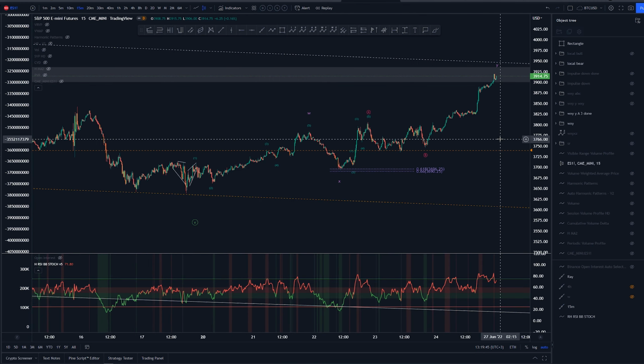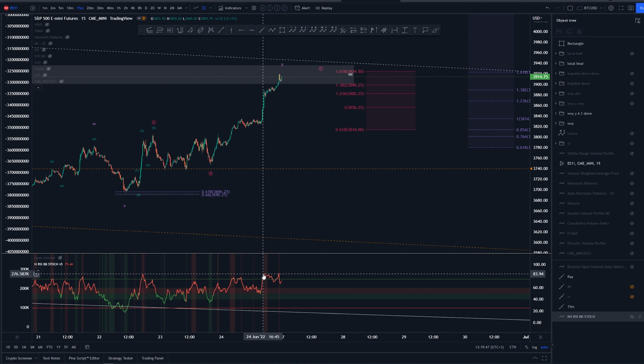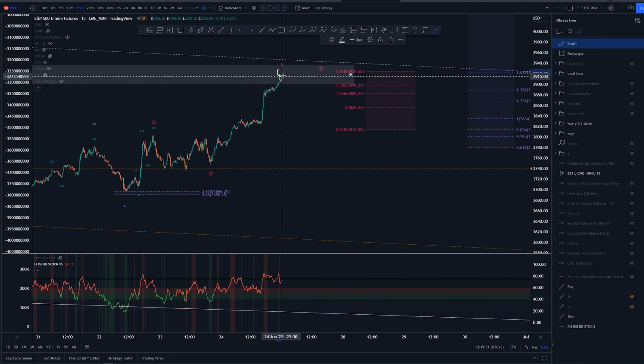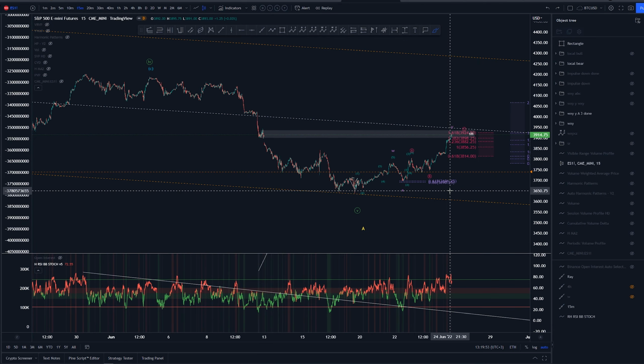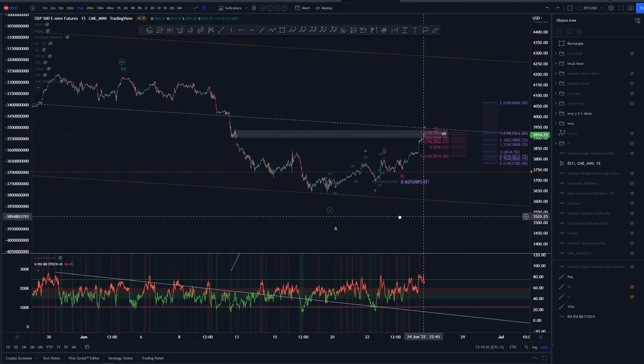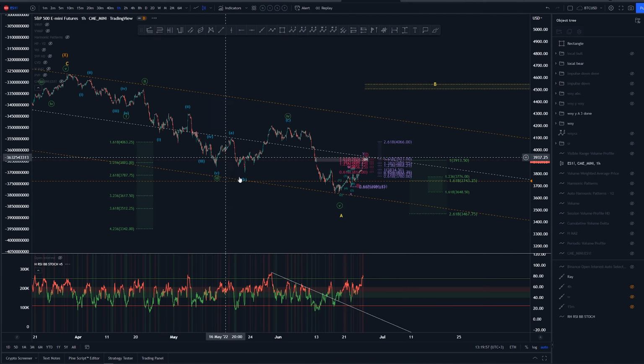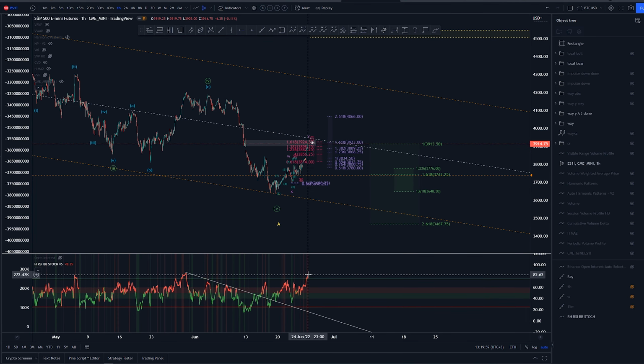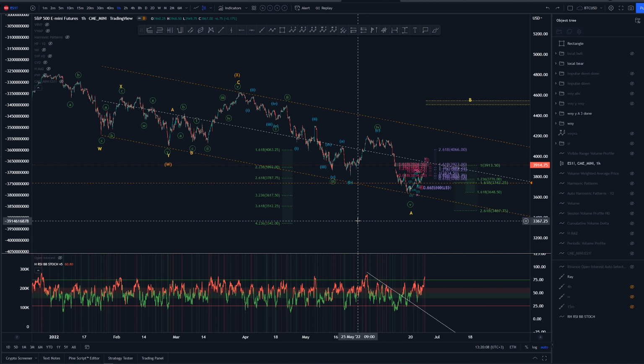On RSI, we have created this double top basically here, so we'll see if this is indeed a third of something or something else, but really high overall on RSI at the moment. On multiple time frames, we can see that we have very oversold or overbought areas, which again we would be expecting a dump downwards. But that is pretty much everything I wanted to share today on S&P 500.